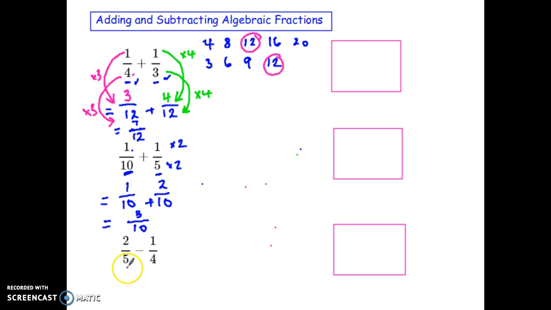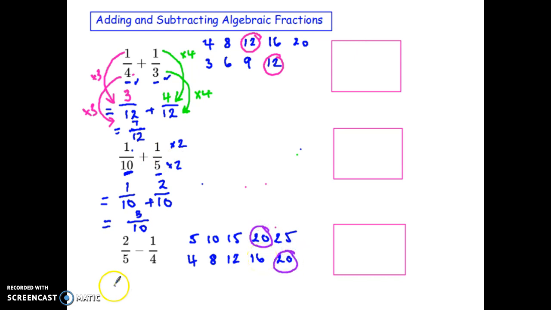This third one here, 2/5 take away 1/4. If it's a subtraction, it's the same process as we do for our addition. We get our common denominator. So we can write out all of our multiples of 5: 5, 10, 15, 20, 25. Write out your multiples of 4: 4, 8, 12, 16, 20, until you get a common multiple. I've got a 20.